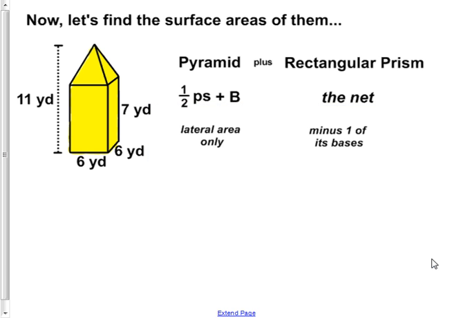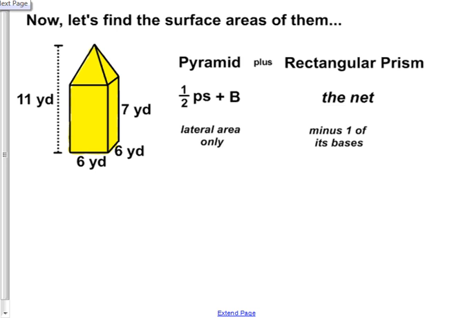So we would want to consider only the lateral area of the pyramid, and then when it comes to looking at the rectangular prism, we're going to have to remove one of its bases. Now I want you to leave about 4 or 5 lines worth of space on your paper. We will work this out in class together.